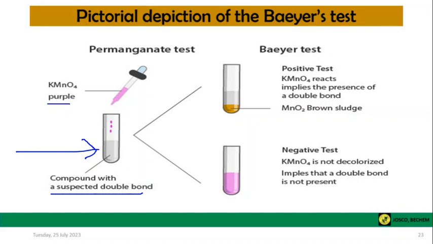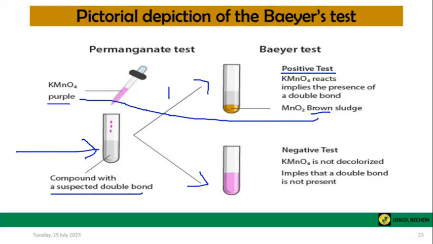So once it happens, we are going to have two outcomes. The first outcome is that you would get a positive test, meaning that your color would change from purple to brown.